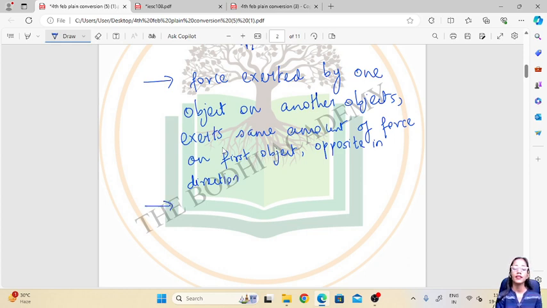Secondly, it is never on the same object. It is on different objects.